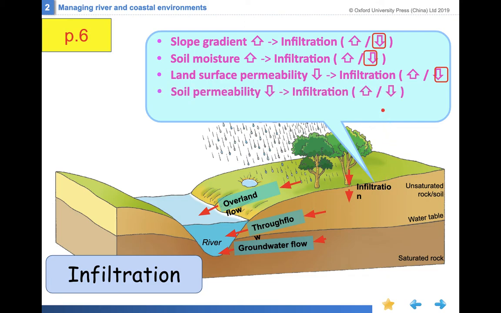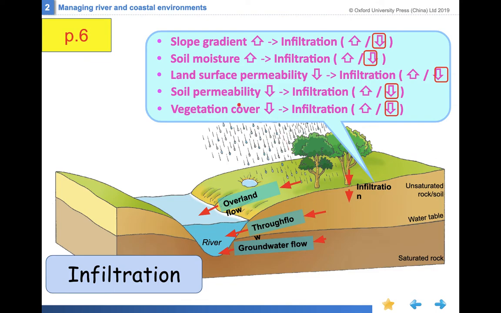For the soil permeability, if the soil permeability decreases, the infiltration will also decrease because it doesn't allow the water to get in. Okay, finally, if the vegetation cover decreases, the infiltration will also decrease because the trees, the stems and the leaves actually drip the water back to the surface slowly, so it allows more time for the water to infiltrate.